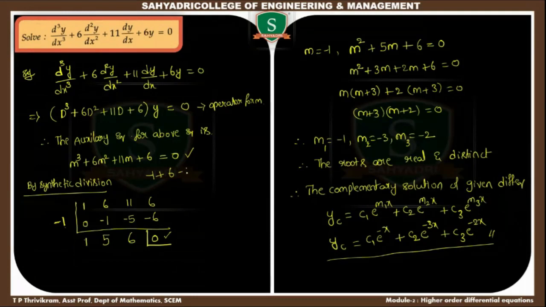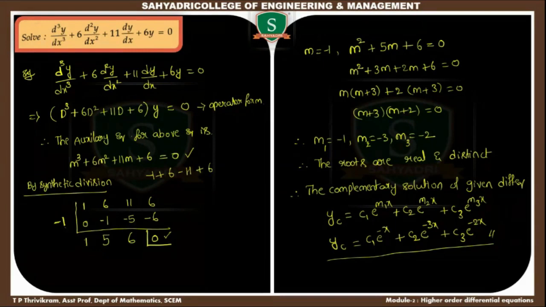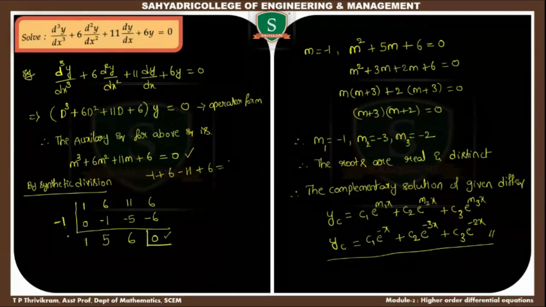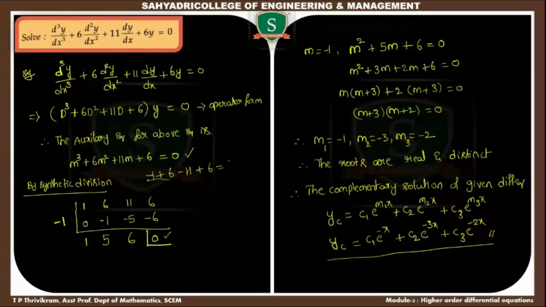Next minus 11 into -1, you'll get -11, plus 6 equals how much? 0 we are getting. So that kind of solution only we are selecting here. Okay, sir. Fine.